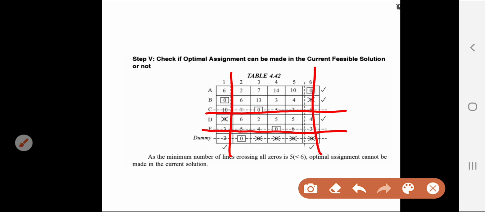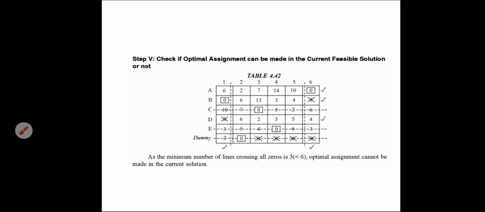So total lines 4, and total number of assignments required 6. So it is less than 6, so it is not an optimal solution. So further iteration is required.